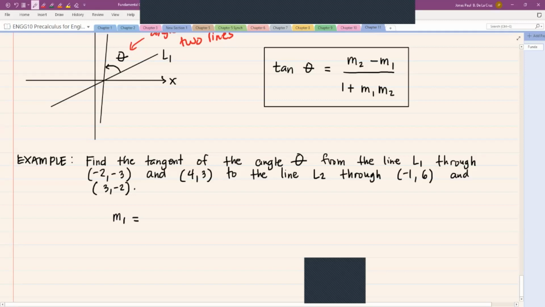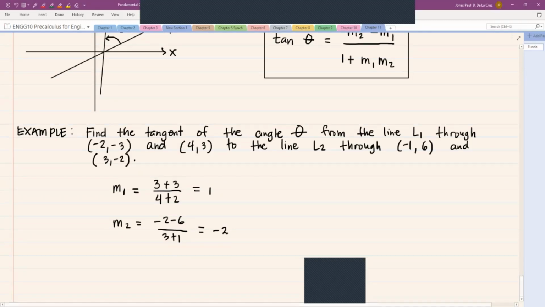That's 3 minus -3, so 3 plus 3, over 4 minus -2, so 4 plus 2. This is equal to 6 over 6, which is equal to 1. For the slope of the second line, we have -2 minus 6 over 3 minus -1. That's 3 plus 1, which is equal to -2.